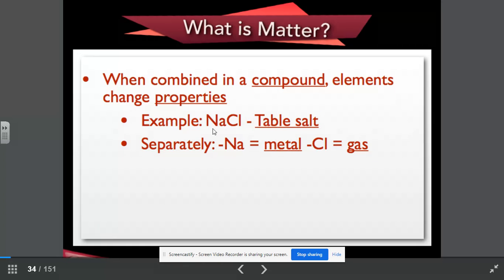When they're combined, they form table salt, which is sodium chloride, and it is written as NaCl. Separately, again, Na is a metal all by itself. Chlorine is a gas. We certainly don't put metal gas on our food to season it. So when they combine, we form something completely different, and that is table salt, sodium chloride.